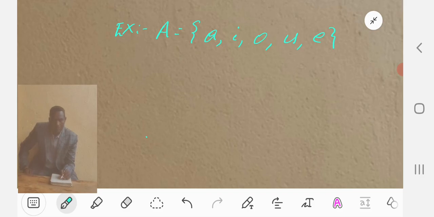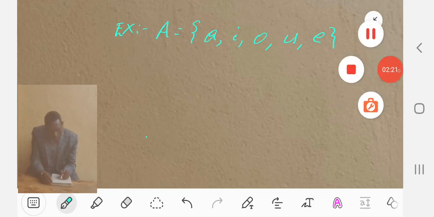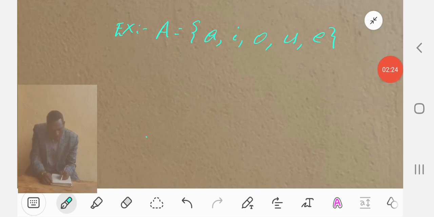These are elements of this set. Now, therefore, this collection is said to be the set.